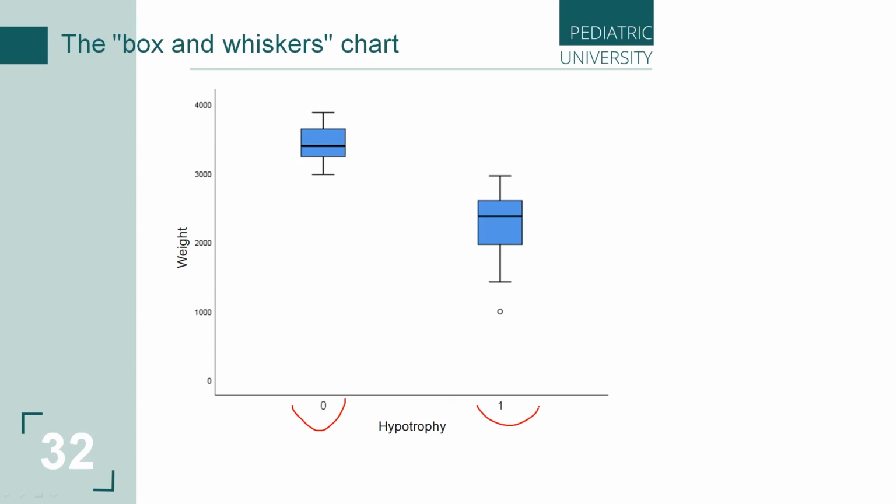There is also an outlier: one value is very small for this sample. You can clearly see that the samples are different from each other.